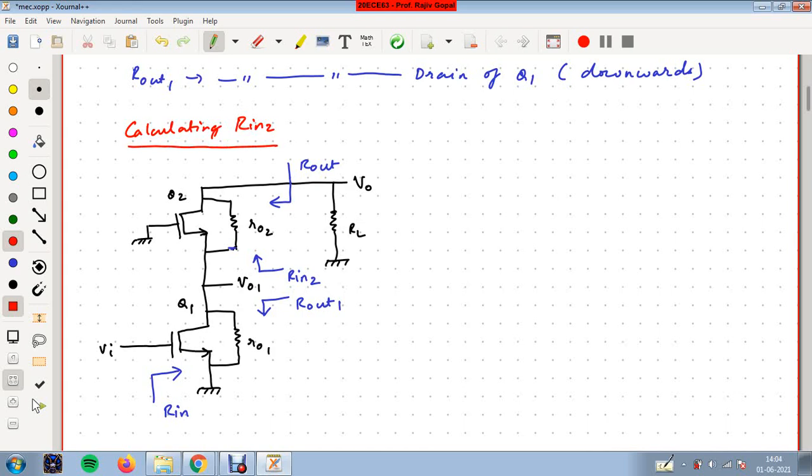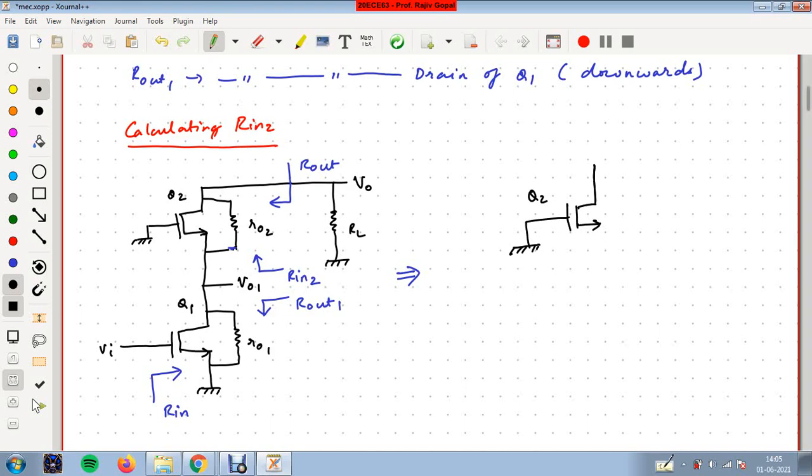Rin2 is the impedance seen at the source side of Q2. So I'm going to consider only the common gate transistor, or the cascode transistor Q2. I'm not going to consider Q1. So I'll slightly redraw this diagram. It will look like this. This is the gate of Q2, which is given to ground. This is Q2.